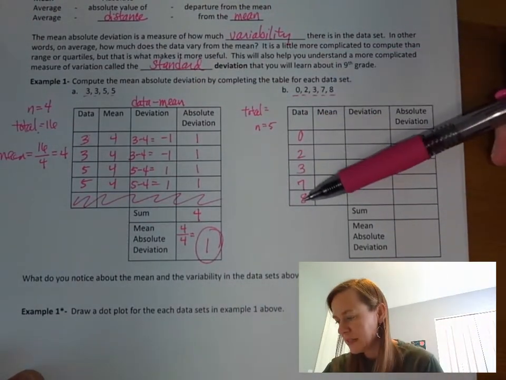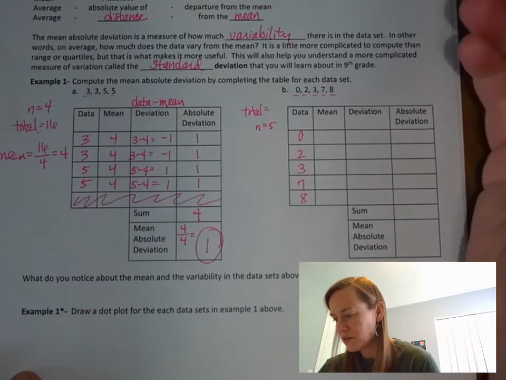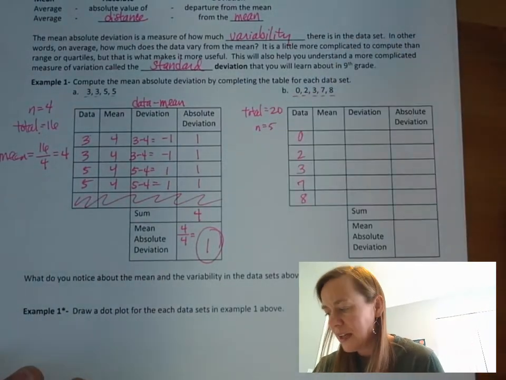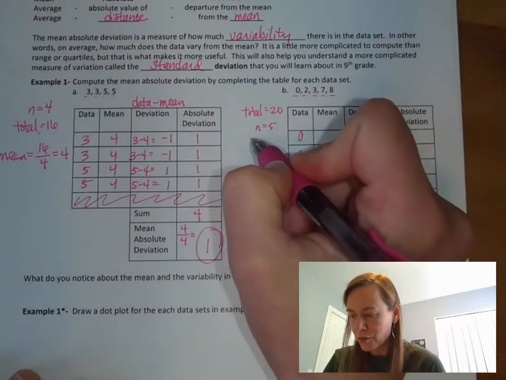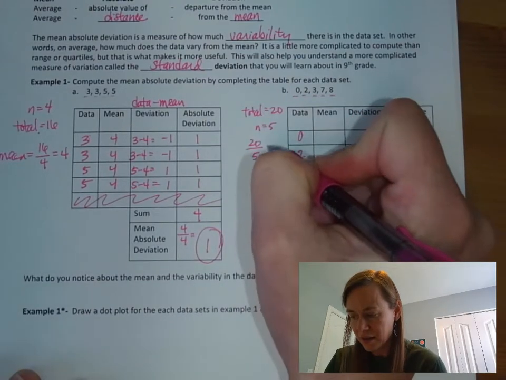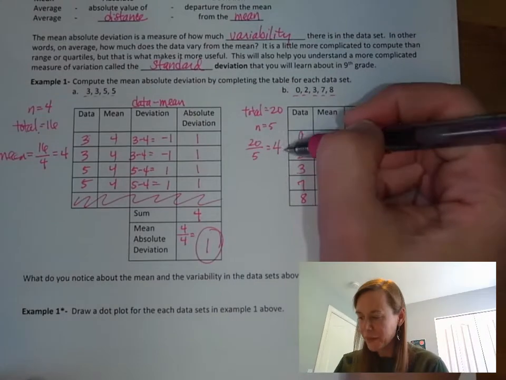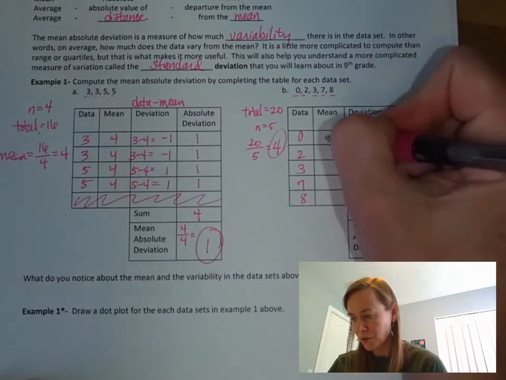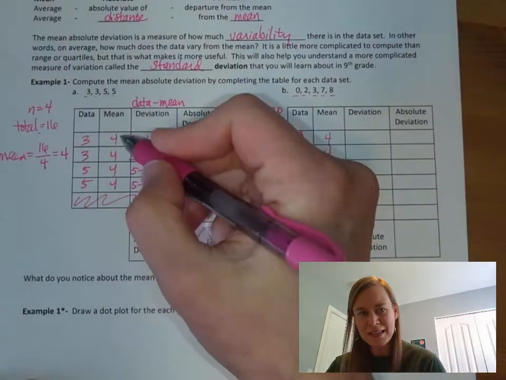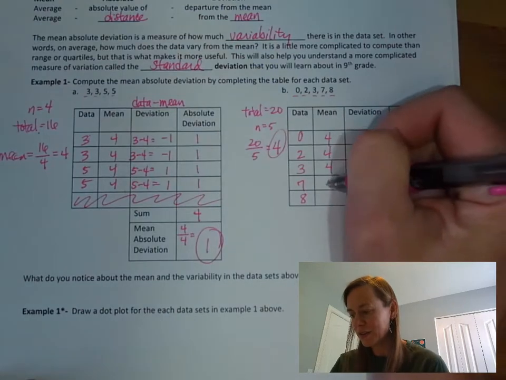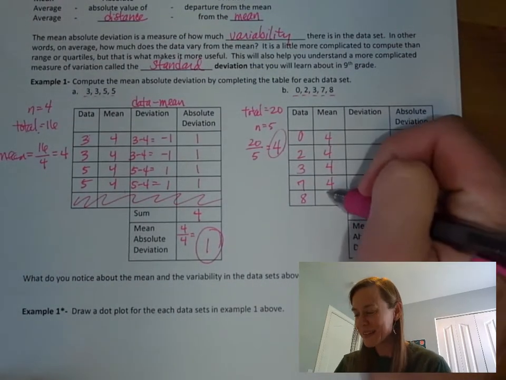So let's see, 2 plus 8 is 10, and 3 plus 7 is 10, so the total is 20. And now we're just going to go total divided by n, which is going to give us 4. 20 divided by 5 is 4. So this 4 is the mean, and we're just going to write that here. Notice it's the same mean we had over here. That's kind of a coincidence, but it's also kind of on purpose because I'm going to show you something else in just a second.